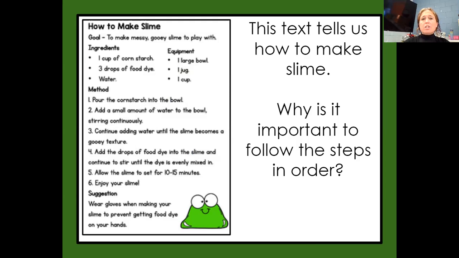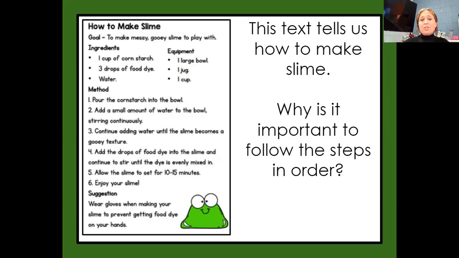We pour the cornstarch into the bowl, add a small amount of water to the bowl, stirring continuously. We continue adding water until the slime becomes a gooey texture. We add the drops of food dye into the slime and continue to stir until the dye is evenly mixed in. Allow the slime to set for 10 to 15 minutes and then enjoy your slime.